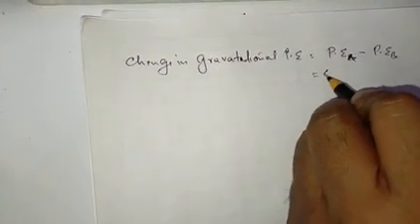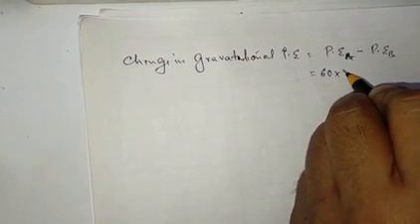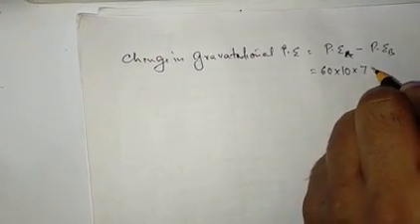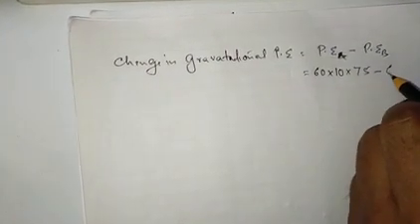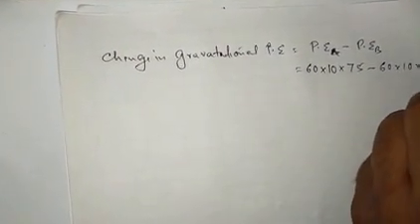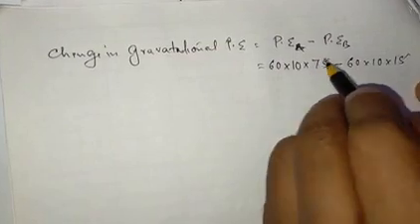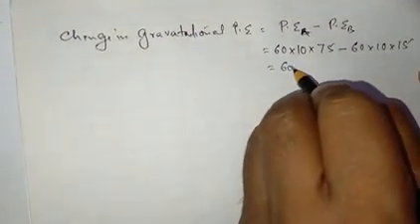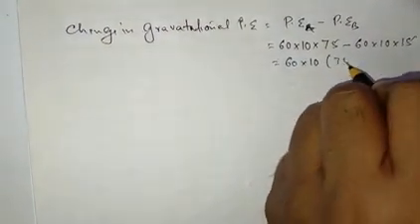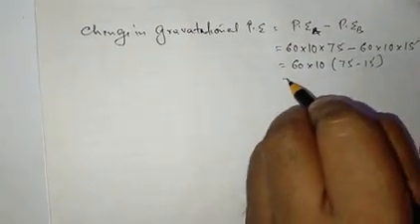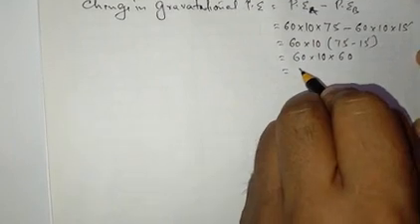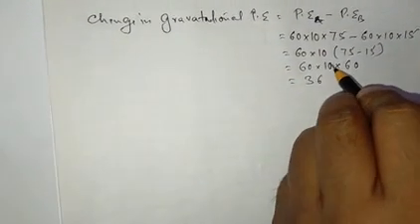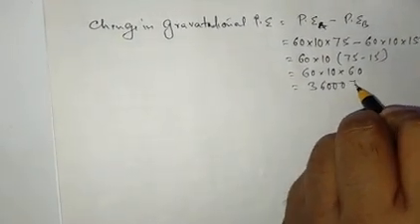That is 60 into 10 into 75, at A it is 75 meter, and at B it is 60 into 10 into 15. We are doing mgh, that is 60 into 10 into (75 minus 15), that is 60 into 10 into 60. That will give me 36000 joule.